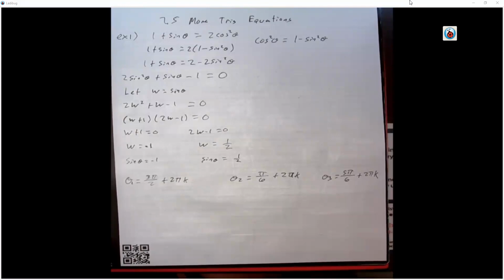We only had negative 1 and 1/2, right? Sine will be 1/2 at 2 locations. Right. But the period is not defined, which is why we have to tack on a 2 pi k.